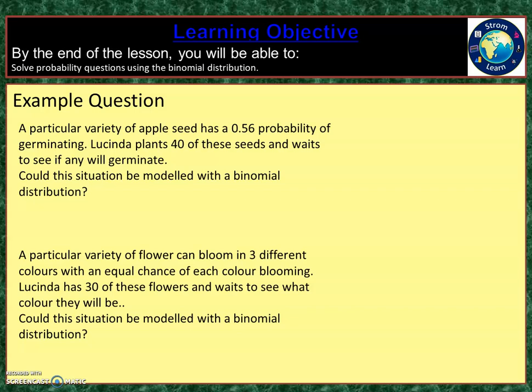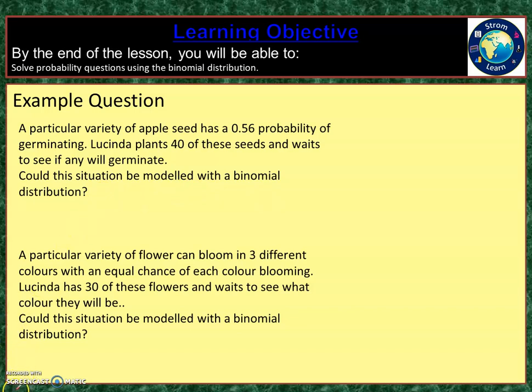Either it will germinate or it will not germinate. So that condition is met. Is there a fixed number of trials? Well, yes, there is, because Lucinda is planting 40 seeds. And is there a fixed probability of success? Well, we can assume there is, because it tells us the apple seed has a 0.56 probability of germinating. So all three of those conditions are met, and therefore this is appropriate to be used as a binomial distribution.